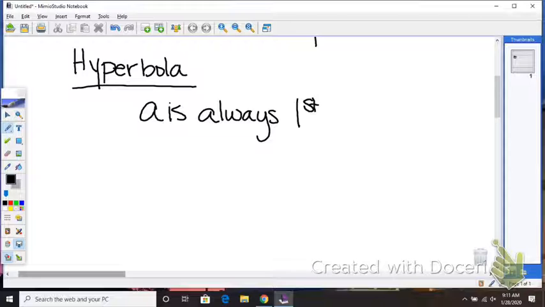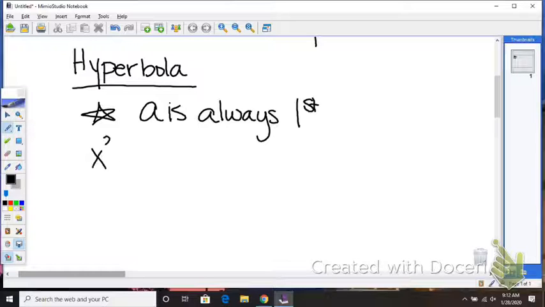It's not always the biggest. It's always first. So ellipses, it's always biggest. Hyperbolas, it's always first. I'm going to give you two different equations and the relationship between the foci and the A and the B, because it's a different relationship than what we had yesterday. And then we'll do some examples.